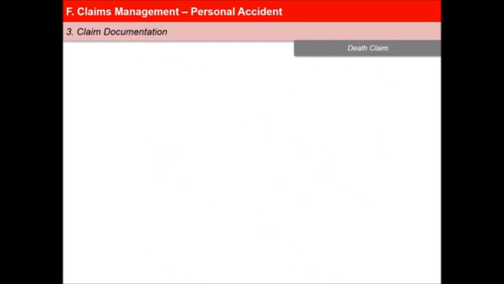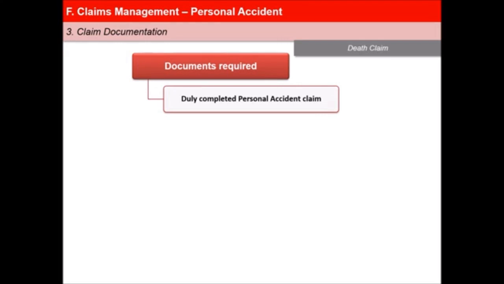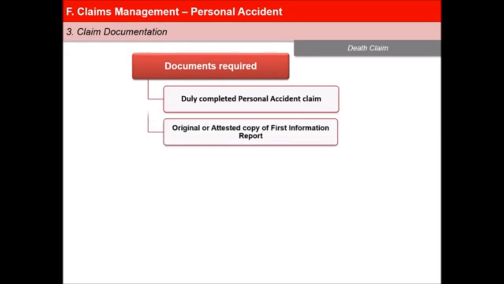Let us now discuss the documentation process in a death claim. For death claim, following documents are required. Duly completed personal accident claim form signed by the claimant's nominee or family member. Original or attested copy of first information report.